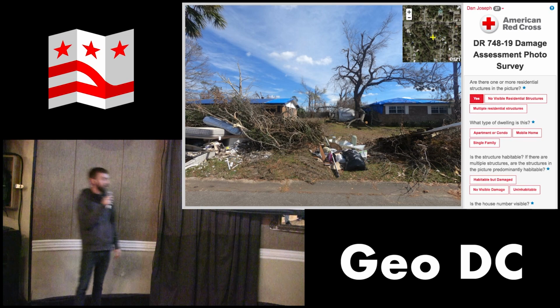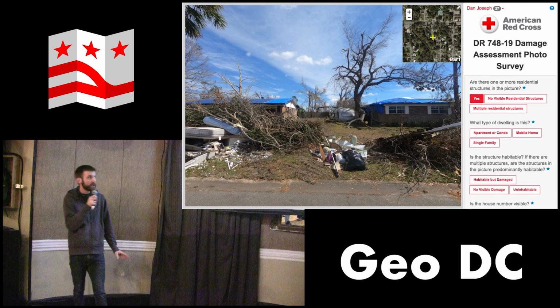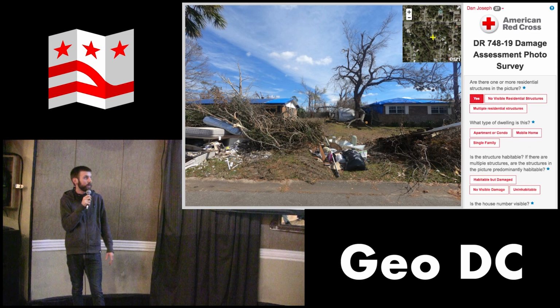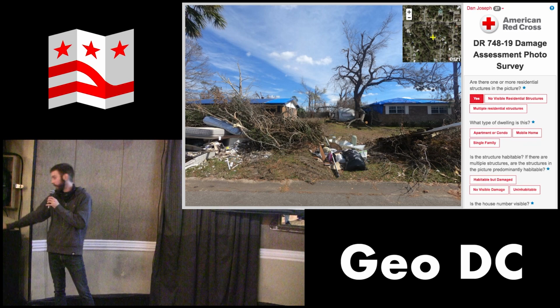As an initial test of what we could do with this, we used an Esri tool, photo survey, and let people answer a couple questions about each of the images, allowing us to get a picture for where the worst damages were and test this workflow.